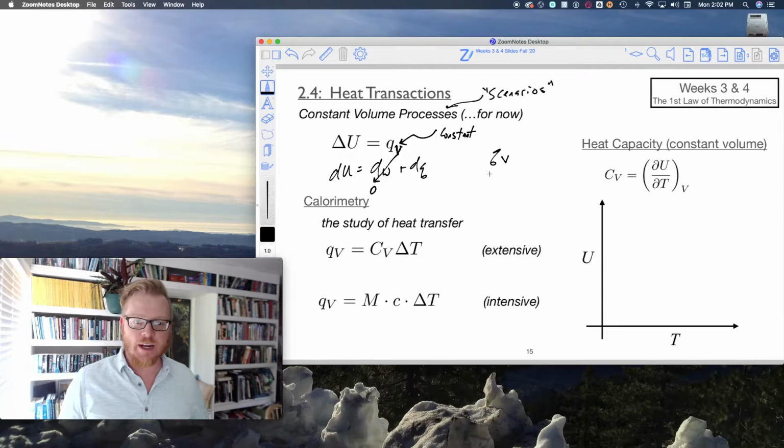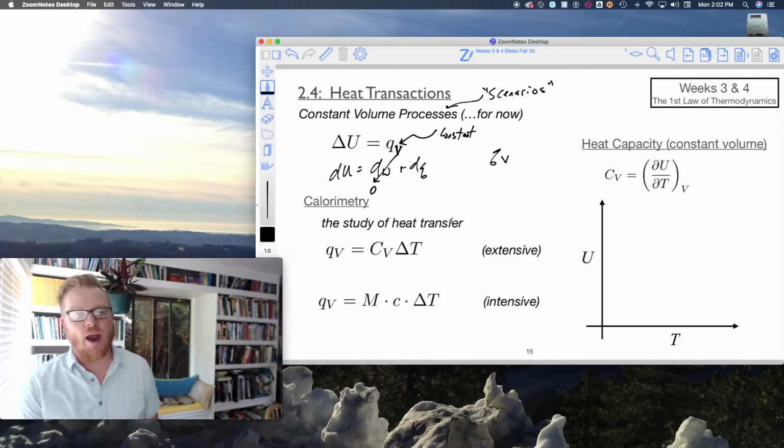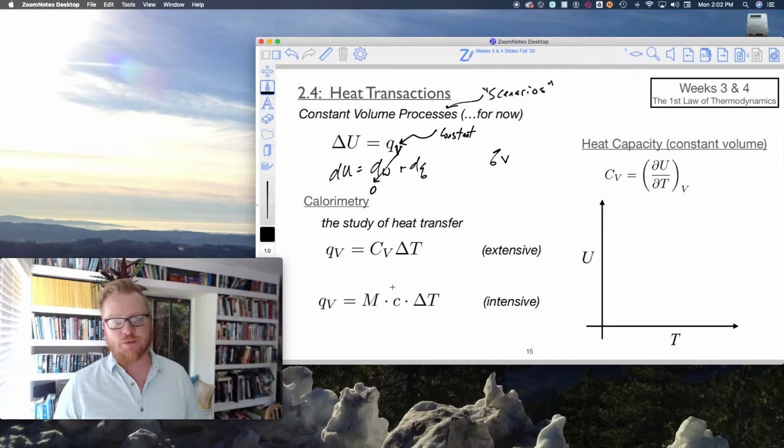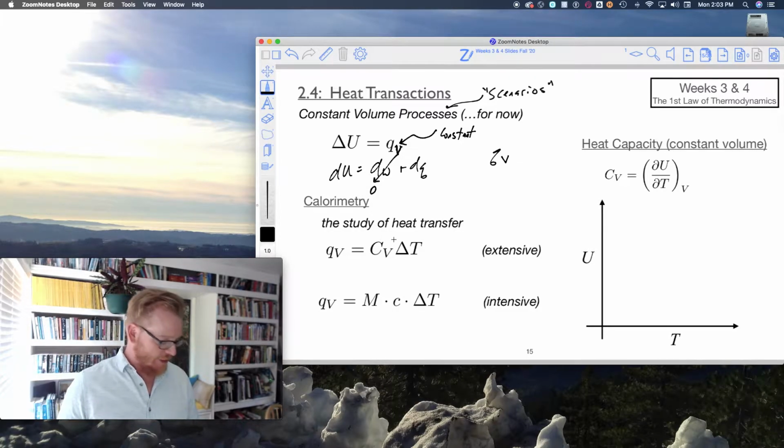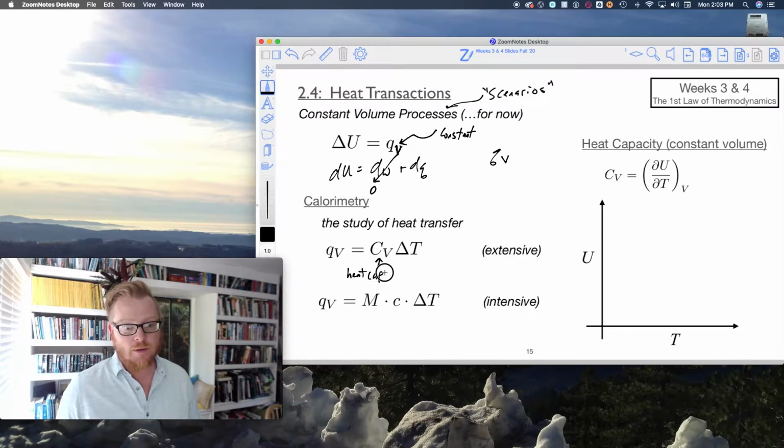We can study this process via calorimetry, the study of heat transfer. We can write Q_V as C_V times delta T, where C_V is my constant volume heat capacity. I'm not writing constant volume down there because that little v tells me it is constant volume. Delta T is the change in temperature, T final minus T initial.